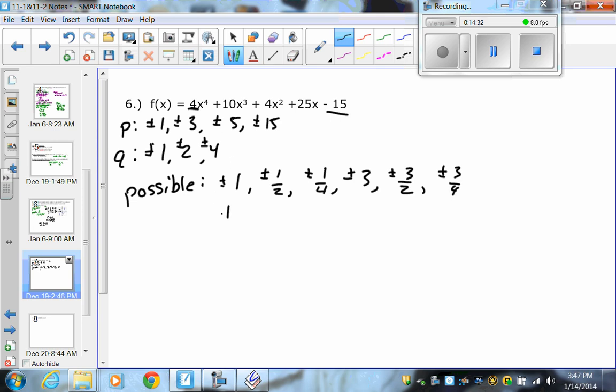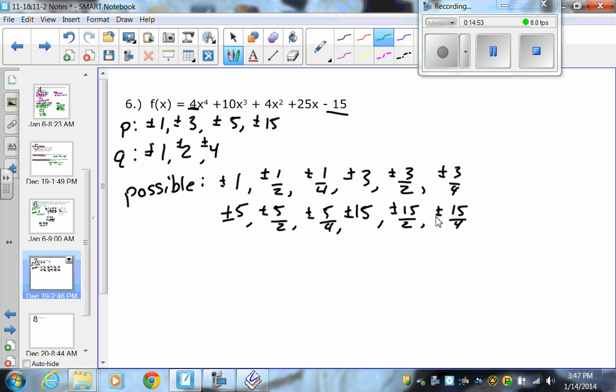Then you have 5 over 1, which is just 5, 5 over 2, 5 over 4, 15 over 1 is just 15, 15 over 2, and 15 over 4.